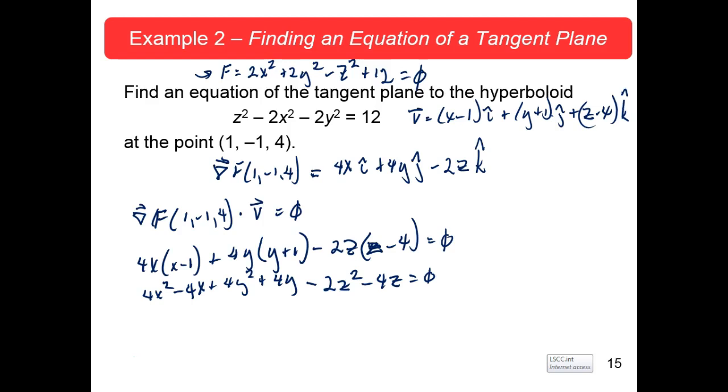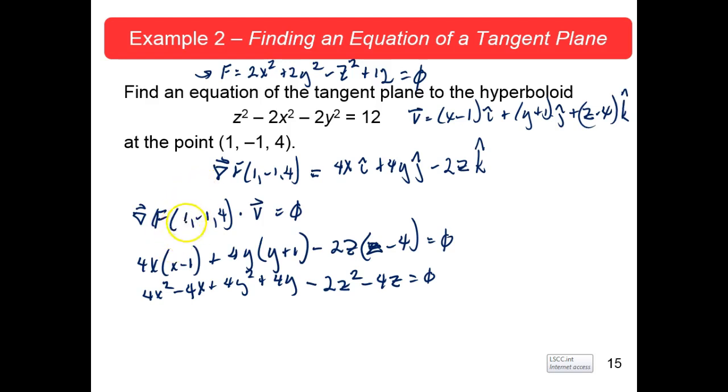Okay. That, to me, is an adequate equation. Now, what they might do is complete the square. Oh, I haven't plugged in the values.